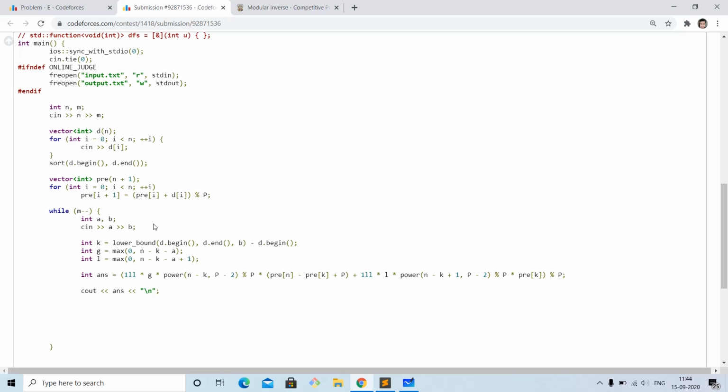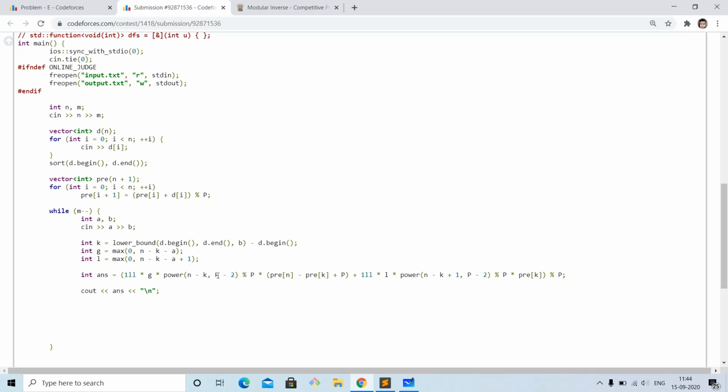After calculating the prefix sum, we calculate the number of weak monsters, and then the denominator n minus k, and the numerators n minus k minus a and also n minus k minus a plus 1. We multiply the numerator by the inverse of the denominator mod P. Whenever we have to find y inverse mod m, we take the power of y with mod minus 2.